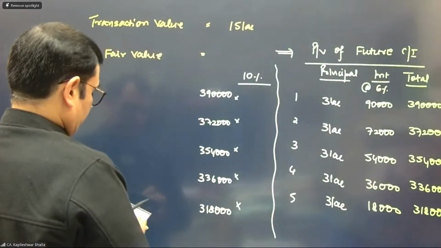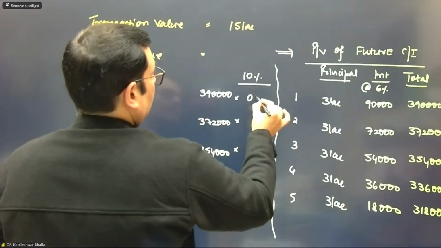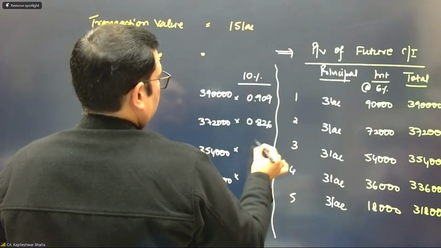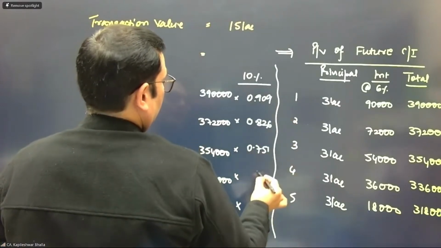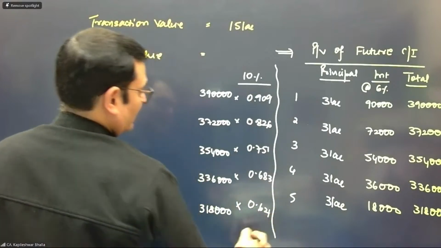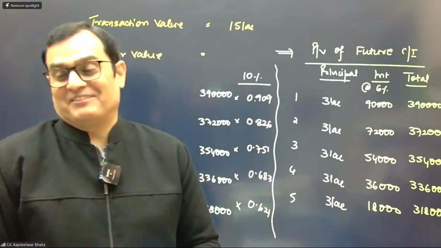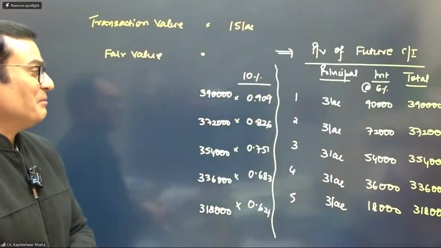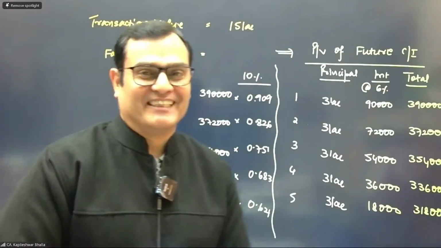Sir, it is 0.909. Great. And 0.826, I think. Yes, sir. 751, yes, sir. 683, yes, sir. 621. Yes, sir. I've done it so many times. I remember the discounting rates also very well indeed.